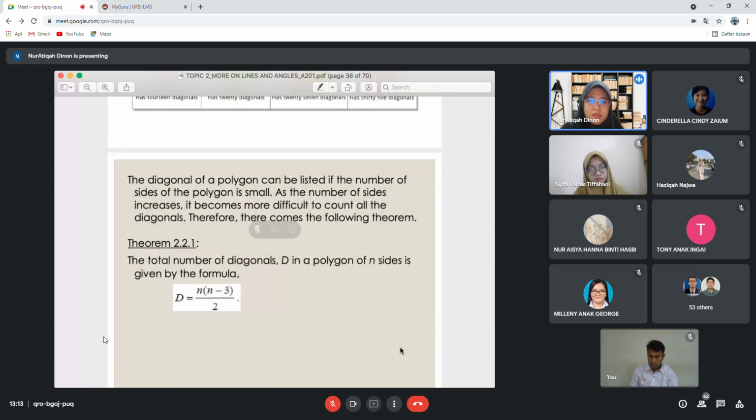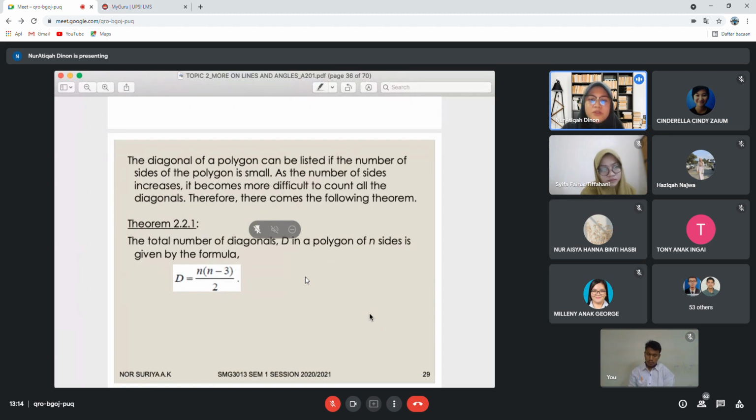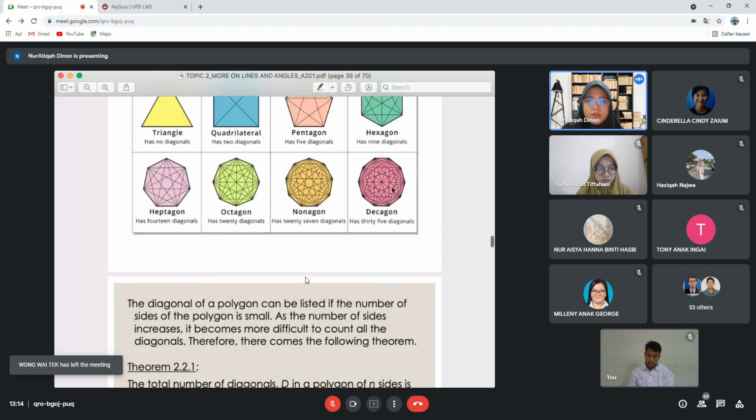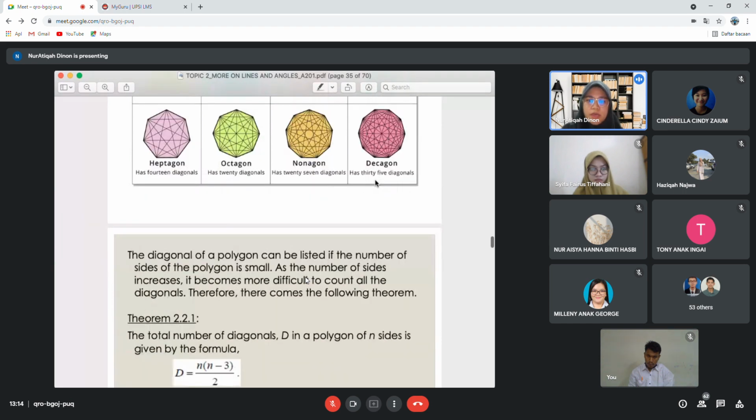So it can be listed if the number of sides of the polygon is small, but as the number of sides increases, it becomes more difficult to count all the diagonals. Therefore, there comes the following theorem. From this theorem, we know that the total number of diagonals D in a polygon of n sides is given by the formula D equals n times n minus 3, over 2. For example, here we have a decagon. A decagon has 1, 2, 3, 4, 5, 6, 7, 8, 9, 10 sides, so n is equal to 10.